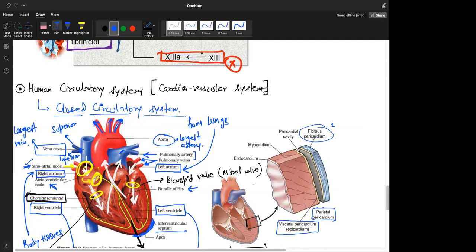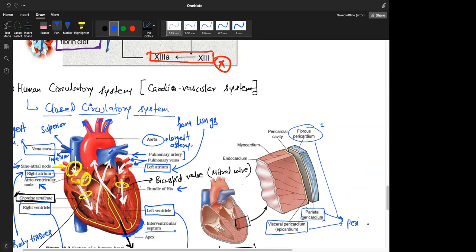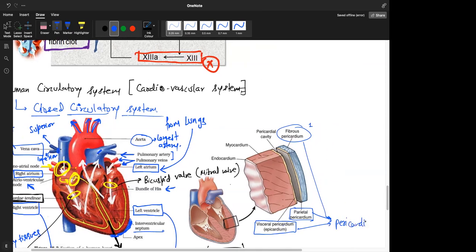The fibrous pericardium, the parietal pericardium, and the visceral pericardium are together known as pericardium. The word peri comes from periphery. They make the outermost layer. Now, in the pericardium there is this pericardial cavity. Why is this cavity there?